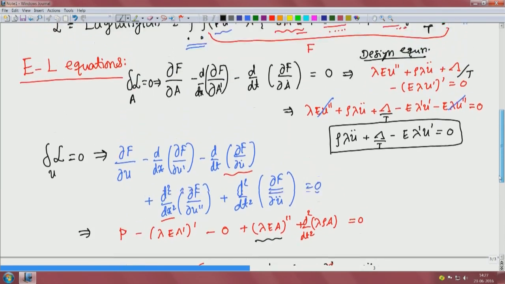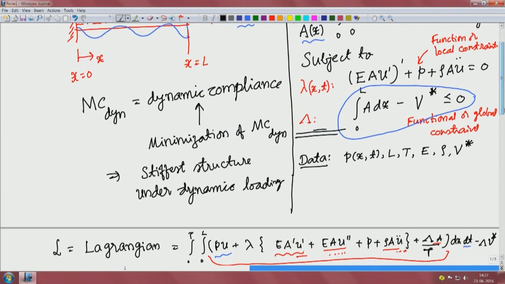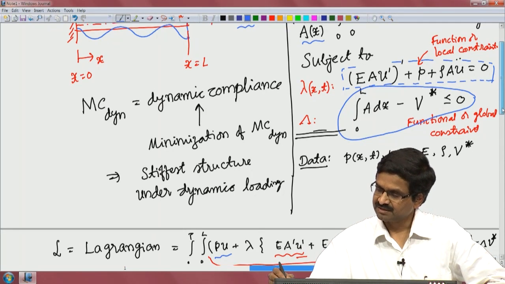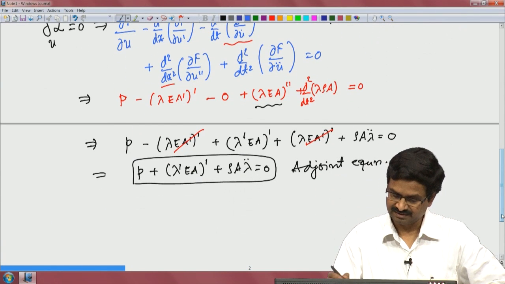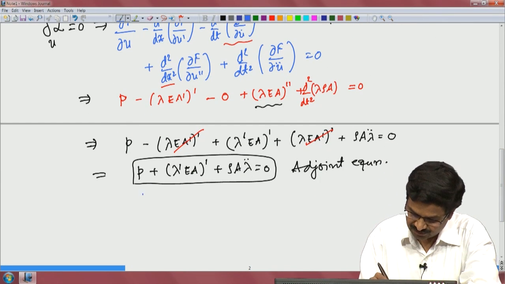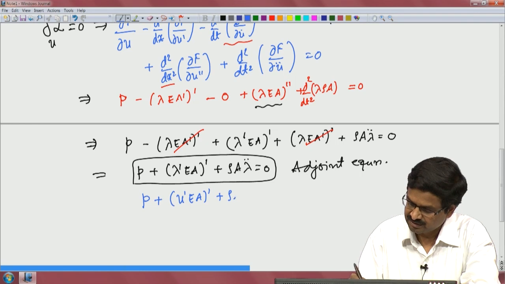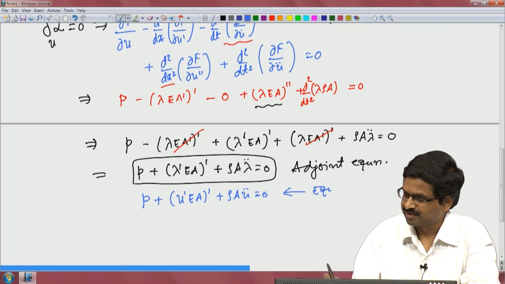And if you notice, the governing equation that we had, this is our governing equation, E A u prime prime plus P plus rho A u double dot equal to 0, is how we got it. Okay. So, that was also just like this, wherever lambda was, it was u. So, this was our equilibrium equation.